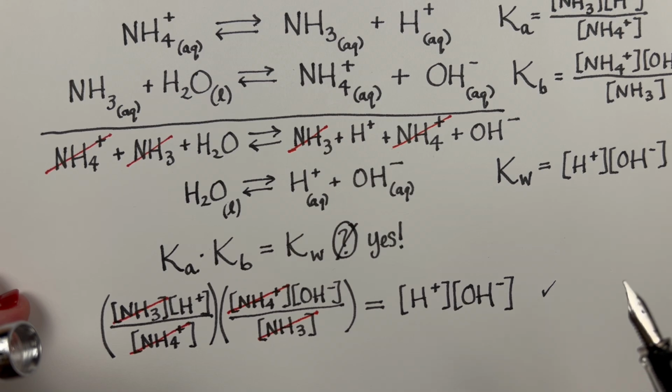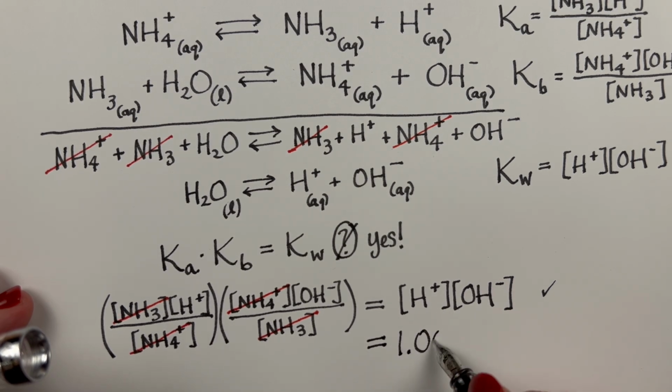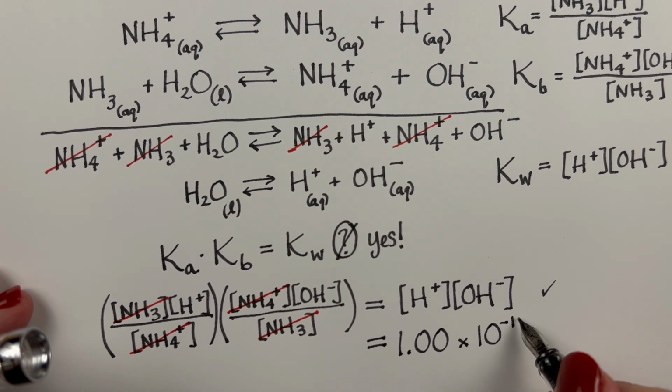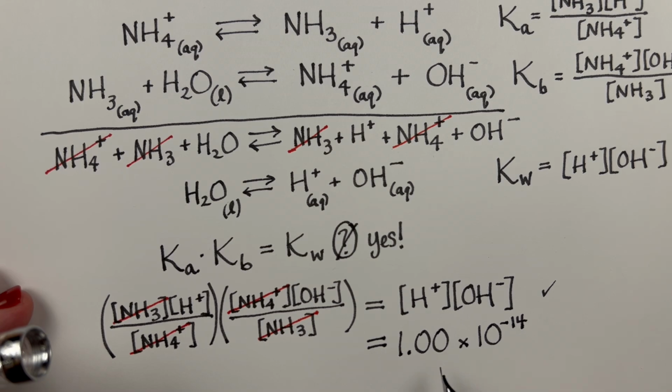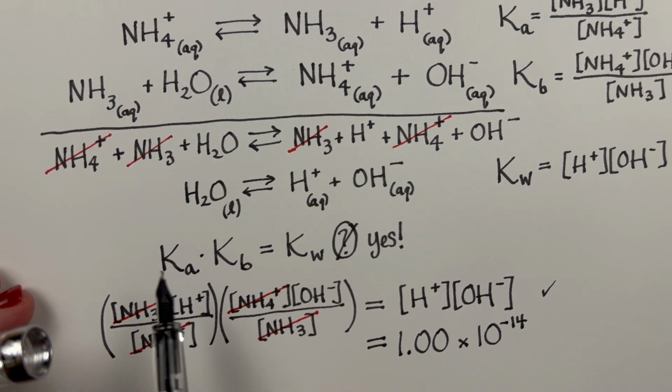Kw is a constant. That is a known value that has been measured many, many, many times over. 1.0 times 10 to the minus 14. Okay, so knowing this constant for water, then it allows us to determine either a Kb that's unknown or a Ka that's unknown. So this can be very useful in acid-base chemistry in that way.